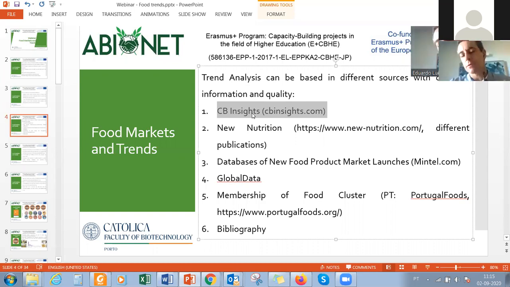So those I have some examples of sources for trend analysis that could be specific for food, or they are in general working in trend analysis, and they follow different methodologies.